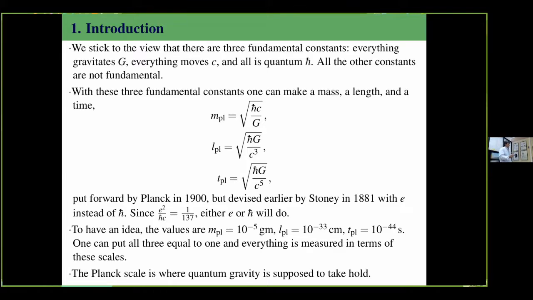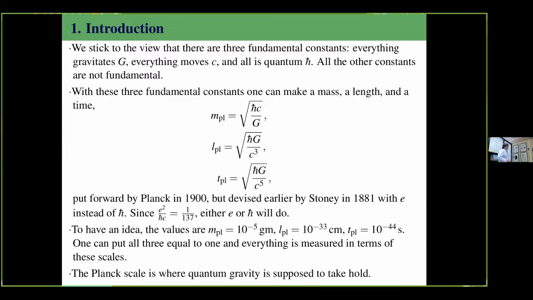Everything moves, and we have the speed of light, and there is ħ. All the other constants we consider not fundamental. With these three fundamental constants, one can make a mass, a length, and a time. They are given by these expressions in ħ, c, and G, so you can compose them.